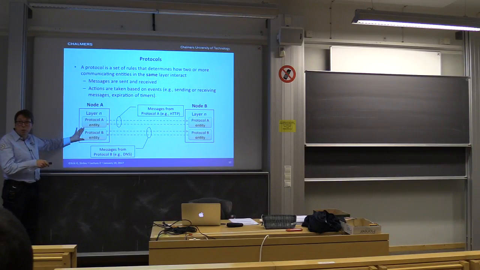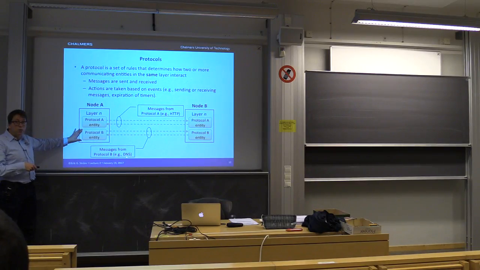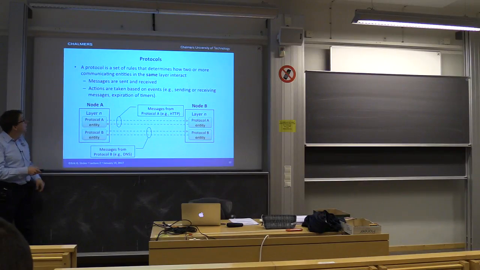We don't know, right? But what's important is that protocols are speaking using a language which is defined by the protocol, and it's speaking with its peers, its same protocol entities at other nodes. And these peers are located in the same layer, okay? So messages are sent and received, and then actions are made according to these rules, right?